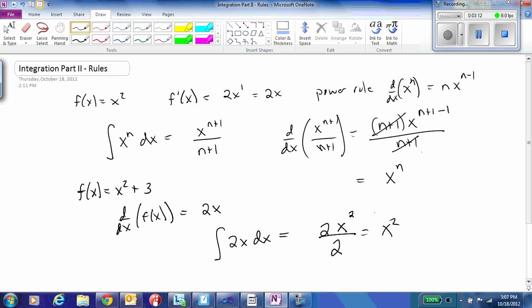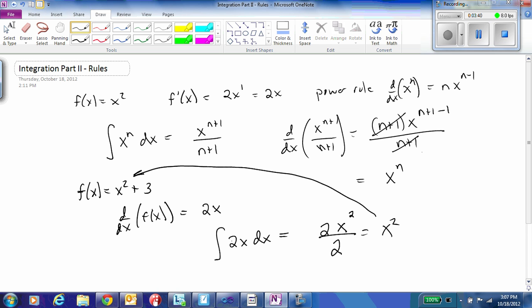And you'll notice that we did in fact get back part of the function, but we lost the information about the constant. This is an effect of what we call an indefinite integral, meaning that there's a wide variety of functions whose derivative would all be the same.